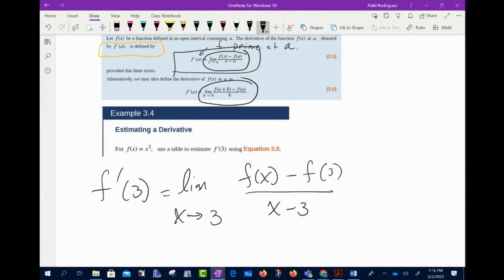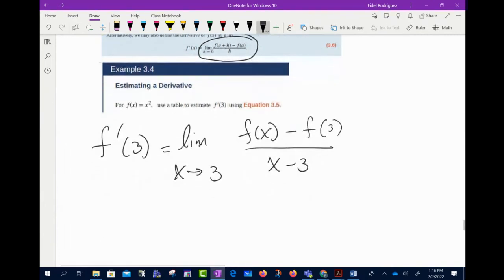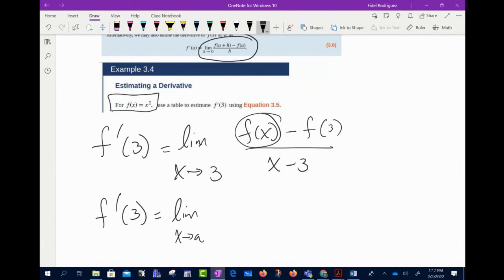Okay, so what we're going to do here, y'all, is we're going to use a table to do this. And I'm going to give you an idea on how we're going to be doing this part, right? Remember, what's our function f of x? What is it equal to in this case? X squared, right? Good.